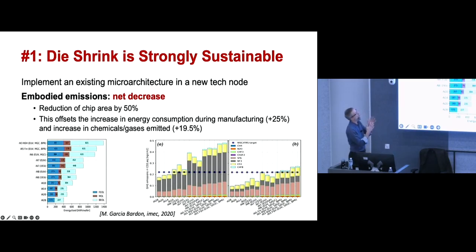Well, when it comes to the embodied emissions, I would argue it leads to a net decrease. Ideally, going from one technology node to the next, your chip area would reduce by a factor of 2. So 50% less chip area is required because the transistors become twice as small, ideally. But energy consumption for manufacturing goes up between 2 technology nodes by about 25%. The annual growth rate was around 12%.